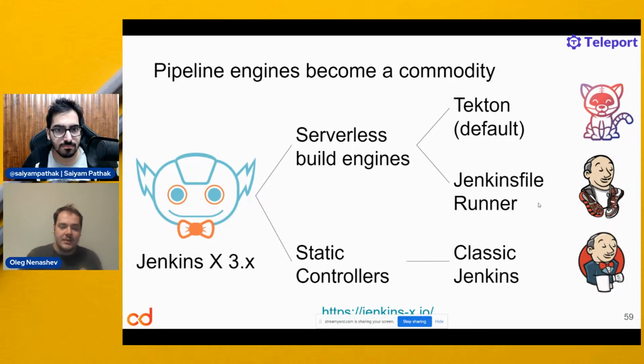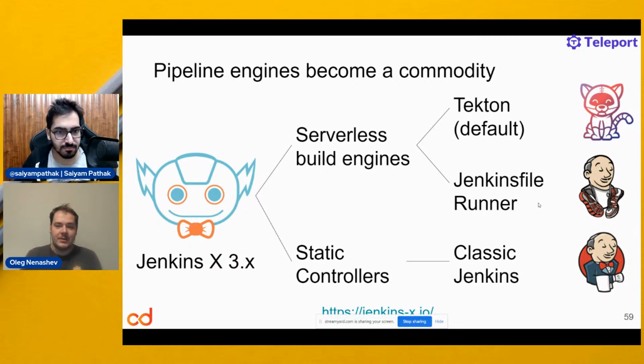In the second version, Jenkinsfile Runner and classic Jenkins modes were deprecated, with the assumption that Jenkins X would go forward with Tekton only. But later this spring, they redesigned the system and decided to return support for classic Jenkins and Jenkinsfile Runner. So currently, if you use the latest versions of Jenkins X, you can still use all three engines.